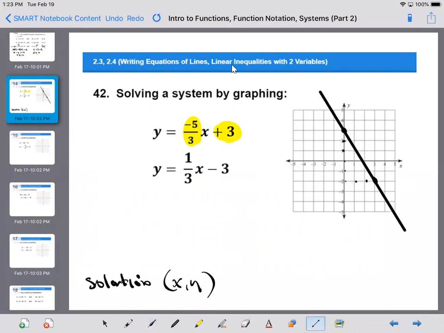And I'm going to come over here and go at -3, and then plot the slope of 1/3. So I'm going to go up 1, right 3, or down 1 to the left 3. And you'll see that they intersect right here, and that solution would be 3, -2.